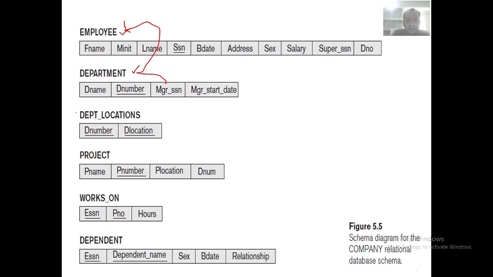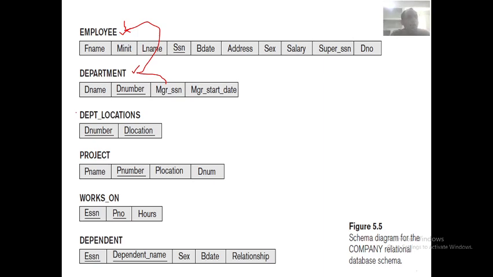Department number and department location, both together we will call it a key attribute. Not only one, these two are the key attributes. Department number alone is a foreign key. Department number and department location, both together, is the primary key.